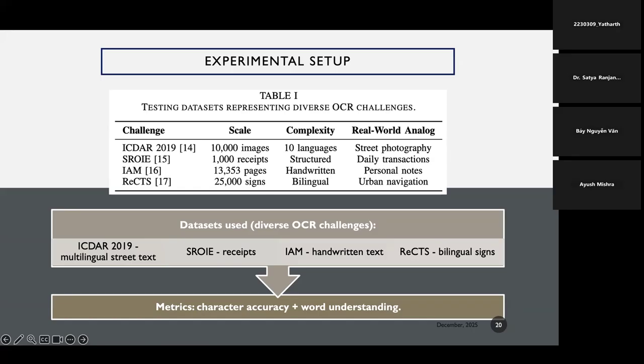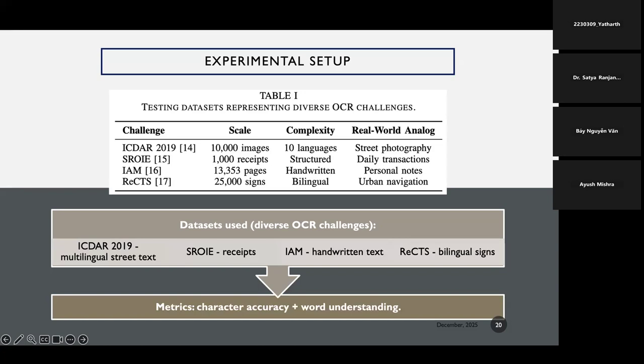Next we use the SROIE. These are scanned receipts. When a receipt is a medical record, it shares the same DNA. It has a complex structural layout with prices, dates, and items. If the model can understand a supermarket receipt, it can understand a structured lab report or hospital invoice, right?